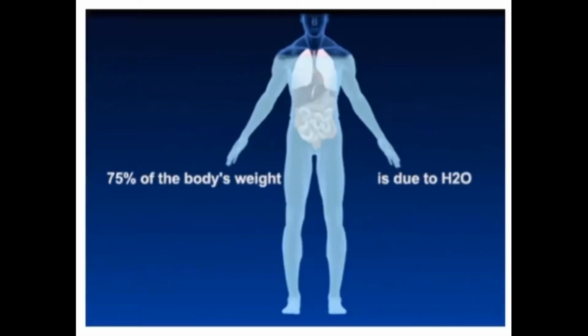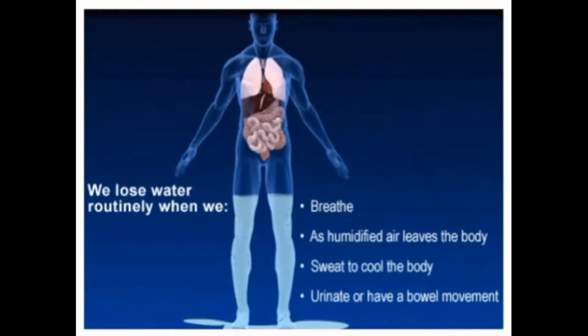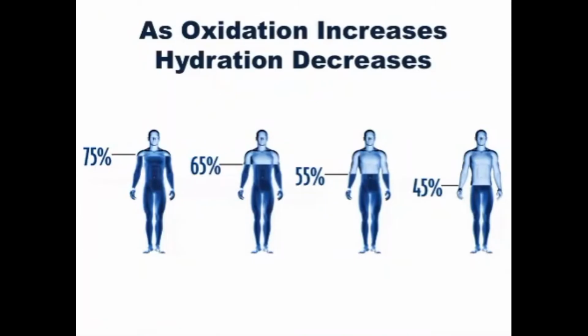Now, we went on to talk about dehydration and all of the terrible things that dehydration creates in the body. And we talked about the fact that 75% of your body's weight is due to water. And when we lose water routinely when we breathe or talk, when we sweat, when we urinate or have bowel movement, we're losing water.